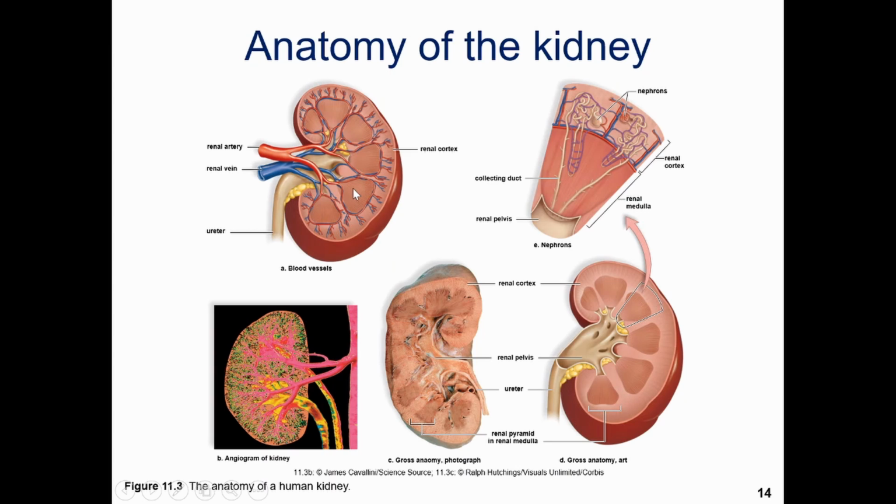And see how they all connect? We can't really see it here, so let's go down to this bottom image instead. You can see how those pyramids connect to that renal pelvis. So every pyramid connects with that renal pelvis, and so as urine is formed, it's going to drain into that renal pelvis and then continue seamlessly into the ureter. And then that ureter will carry us down to the bladder.